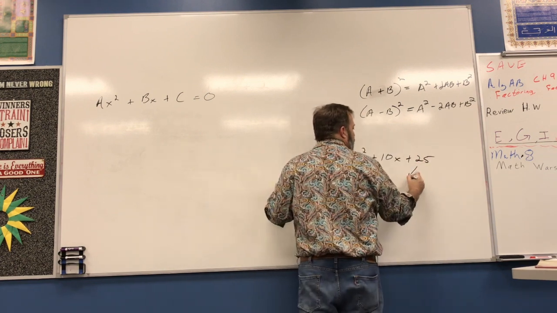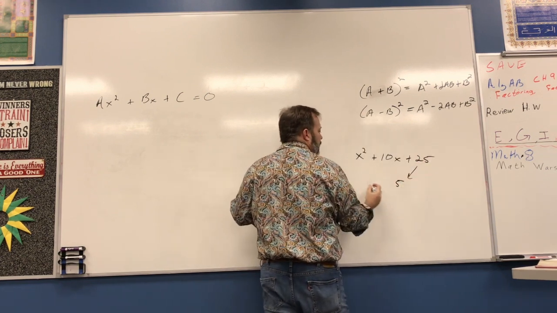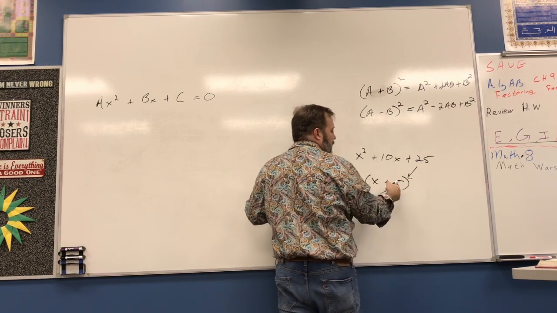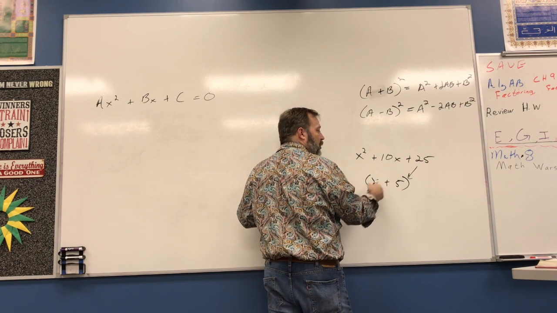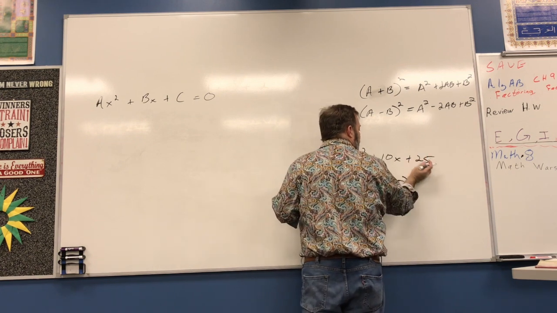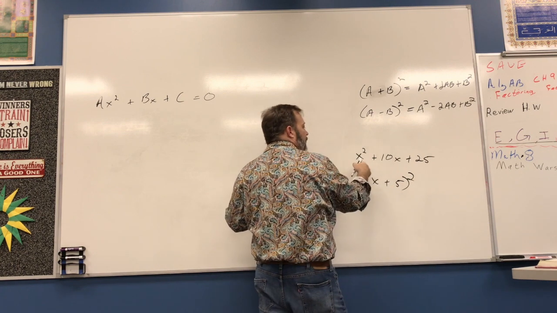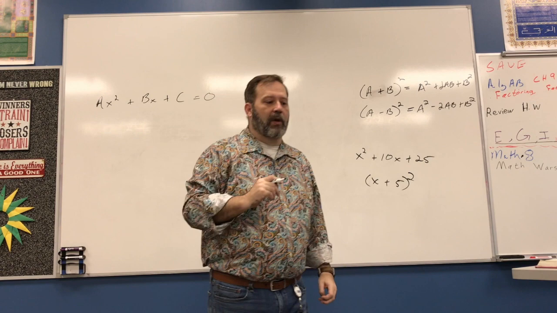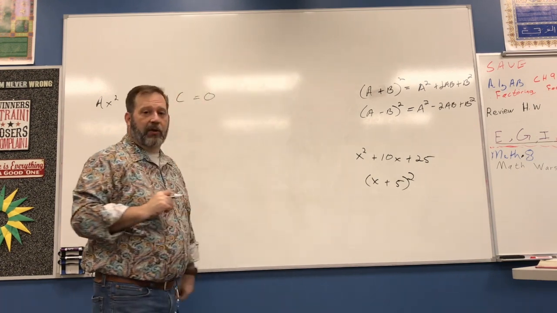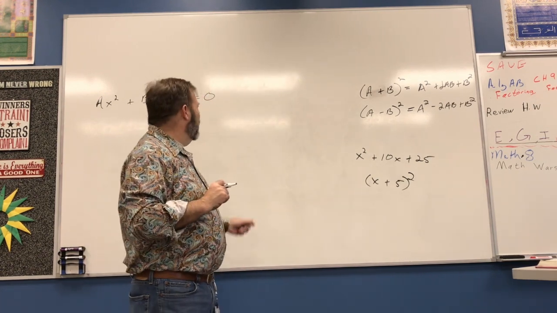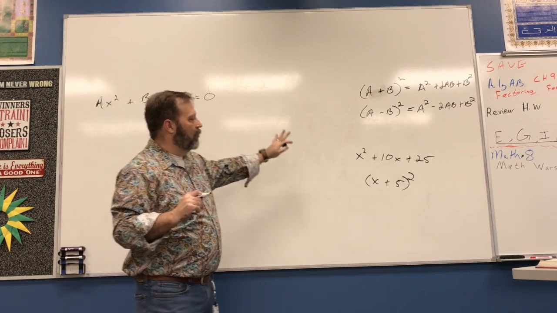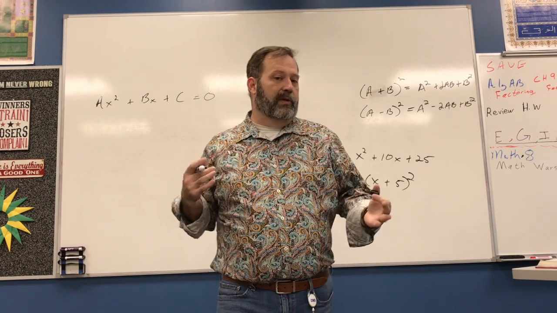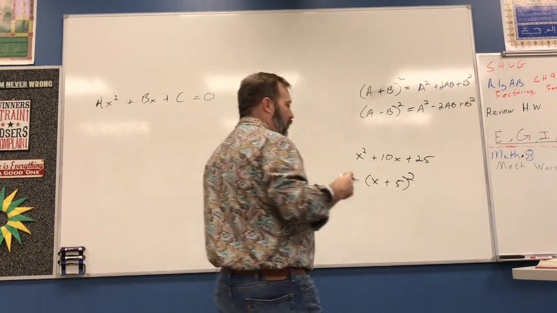When I square rooted the 25, I got 5. When I square rooted the x squared, I got x. It was positive. And when I took these together, times 2, I got the middle coefficient. So I knew that this special case came from the same thing multiplied twice. Those are actually pretty easy to solve. So if we can make one of our regular quadratics look like a special case trinomial, we can solve it. We can actually work it backwards.